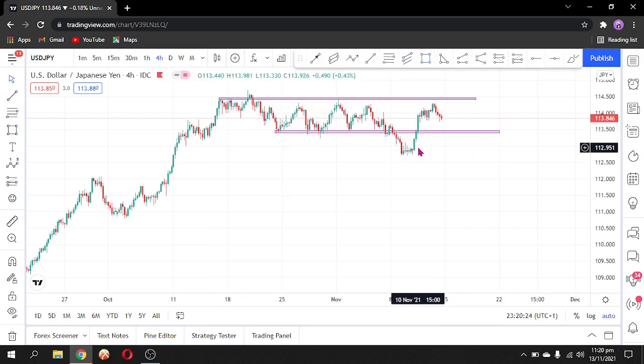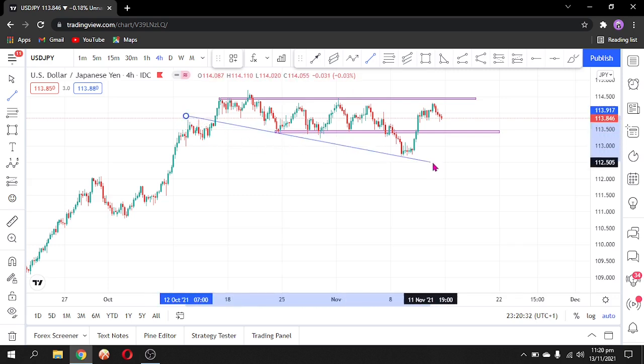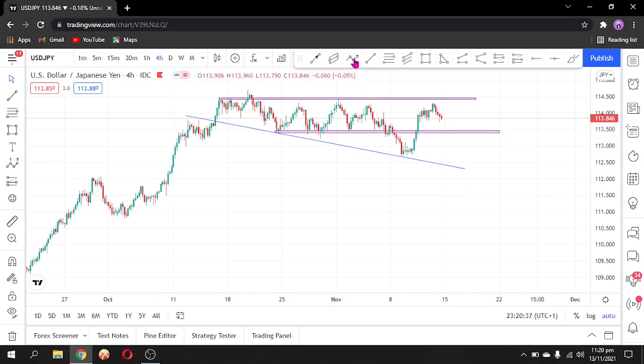So it means that this breakout was a false breakout, and we have another bearish trend line here. So we expect USD JPY to push down to this support zone before breaking this resistance and then pushing higher.